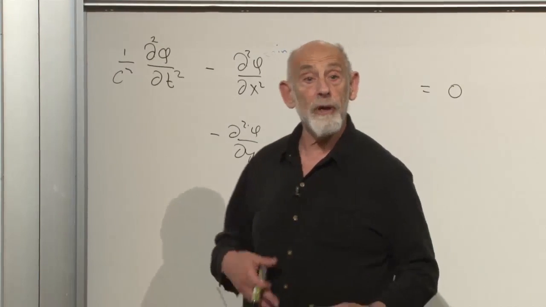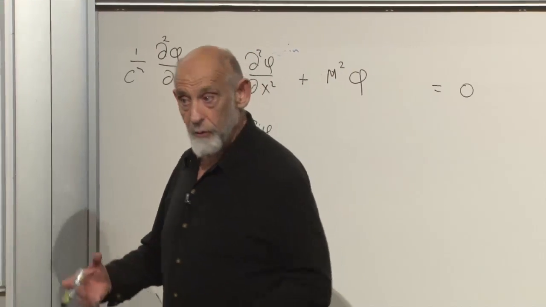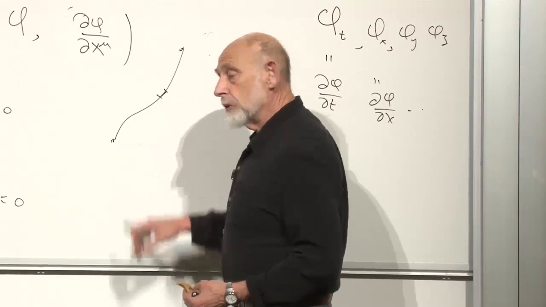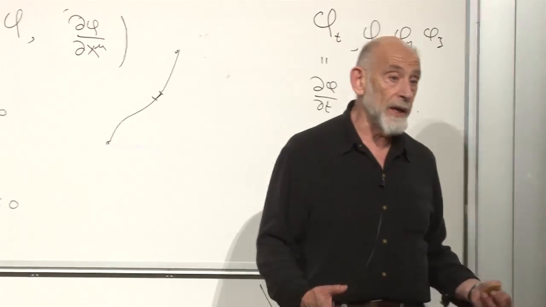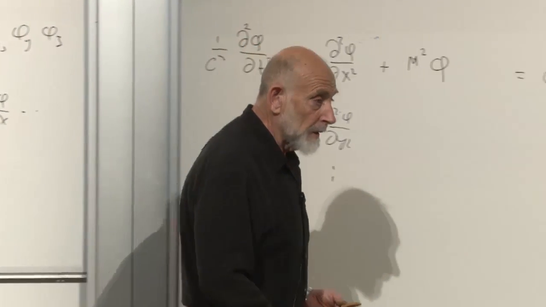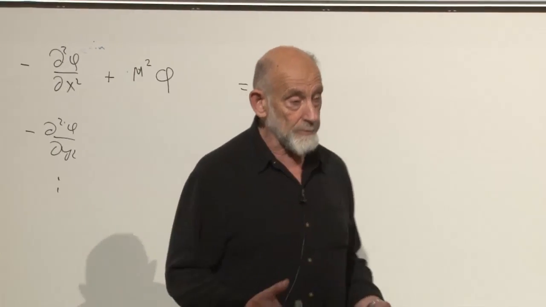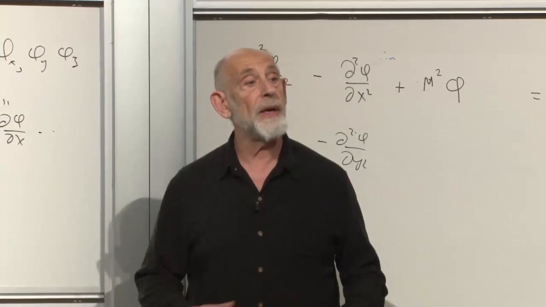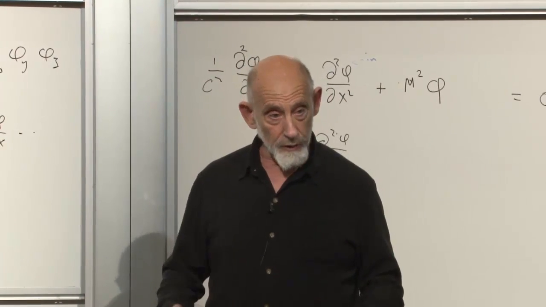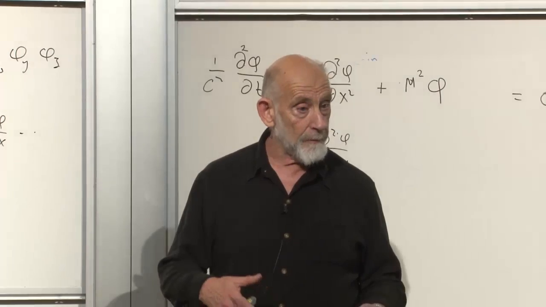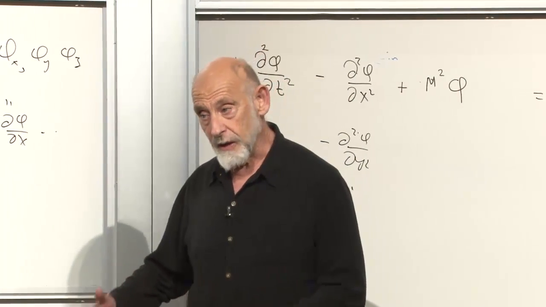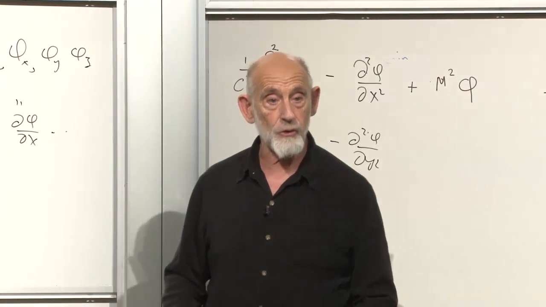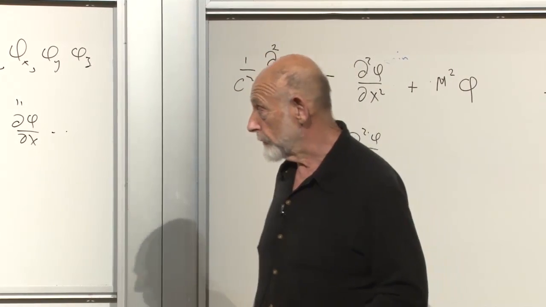Since everybody agrees about the value of the invariant proper time for a little segment, when you add them up, everybody will agree about the value of the action. They'll all express it by the same set of rules. And so the equations of motion, when you derive them in one coordinate system, will have exactly the same form as they have in any other coordinate system. In other words, the laws of particle mechanics will be invariant, the same in every reference frame.